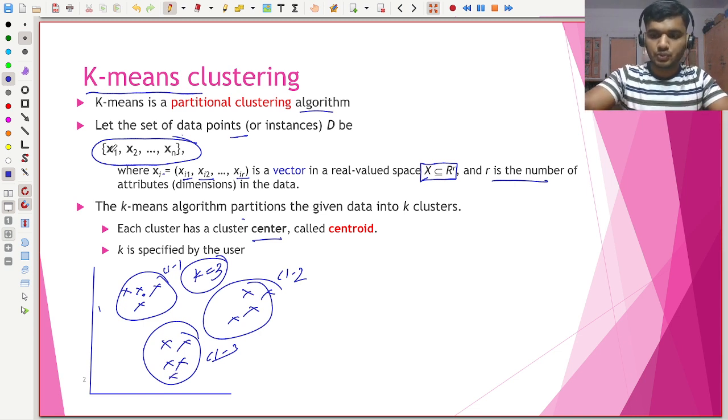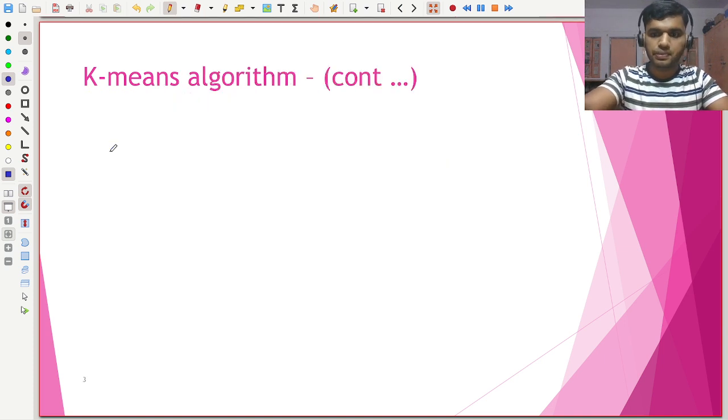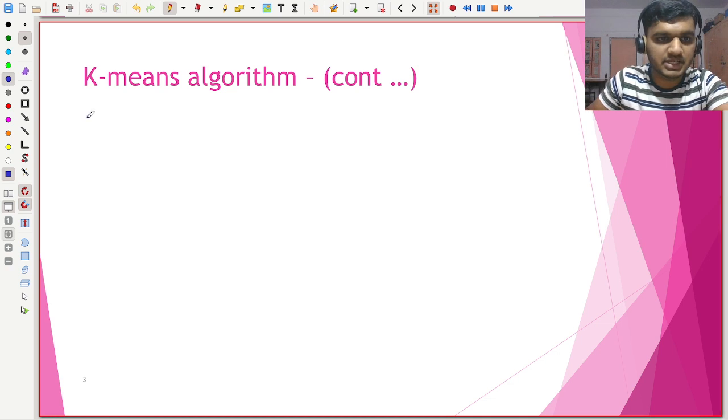Now we'll discuss the steps of the k-means algorithm.